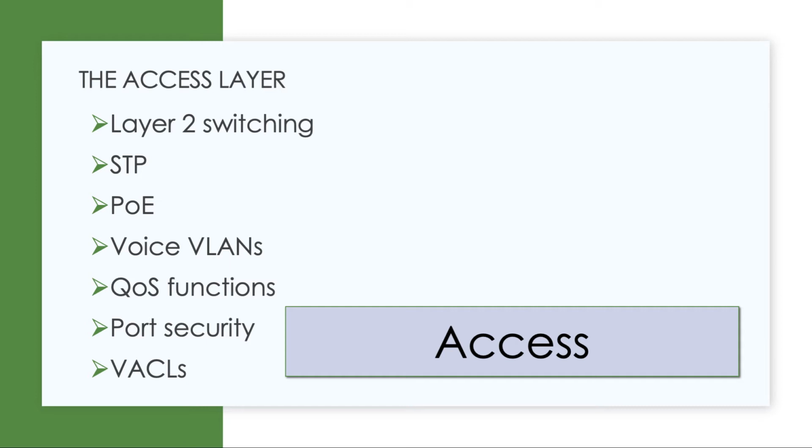And we also like to do a lot of security here at layer 2, like port security, locking down the port by MAC address. And VLAN access control lists can be done here so that we can not only control the ability of a workstation to access some other workstation outside of its VLAN, but with the VLAN access control list, we also have the ability to restrict communications within a VLAN.